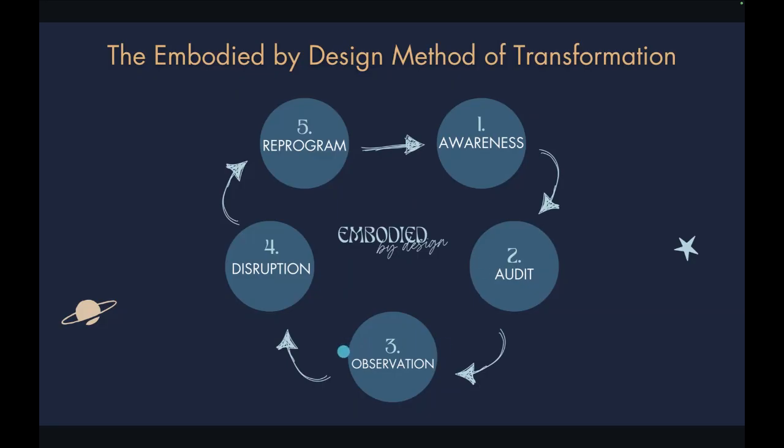Then we go into observation. Let's observe how I'm currently operating, and let's observe all of these patterns with that passenger consciousness. In Human Design, passenger consciousness just refers to getting out of the driver's seat. You're realizing your body is the driver and you are the observer.